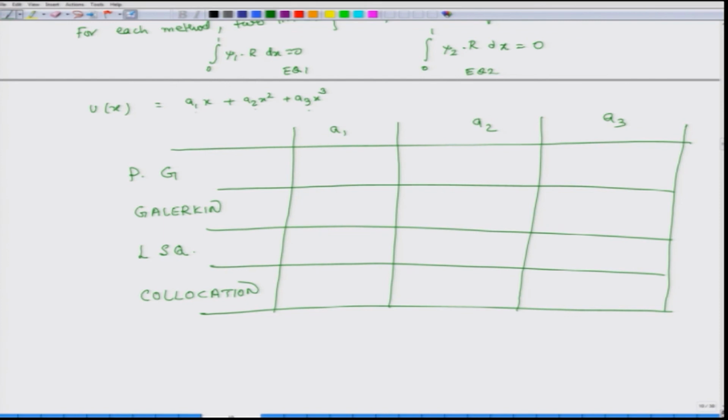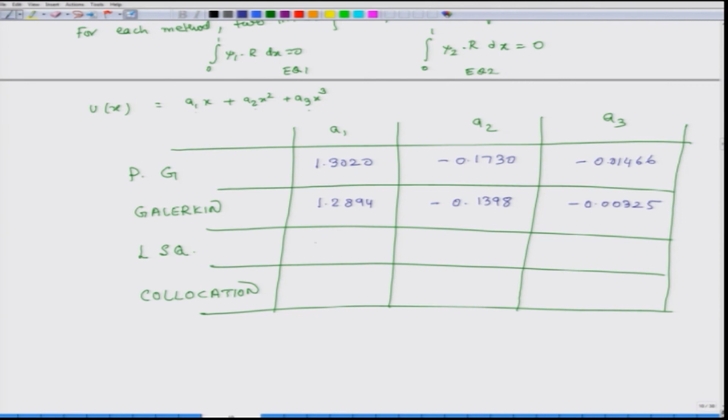Okay. So, for Petrov-Galerkin, the numbers are 1.3020, minus 0.1730, minus 0.1466. For Galerkin, I see 1.2894, minus 0.1398, minus 0.00325.